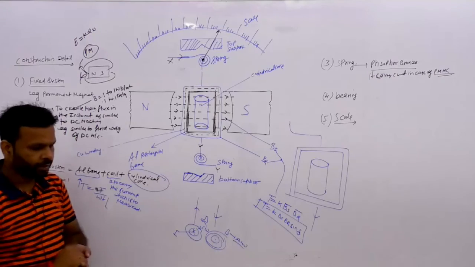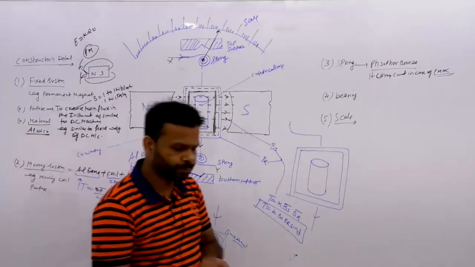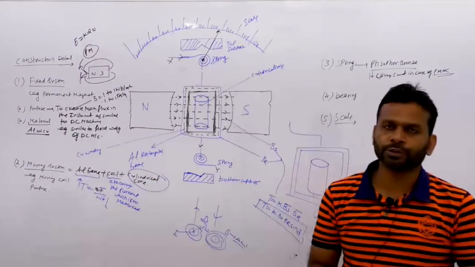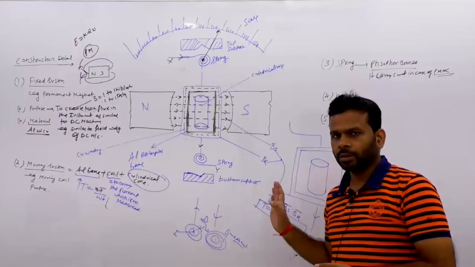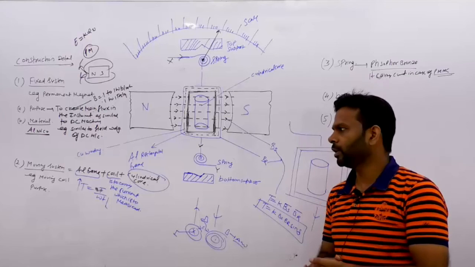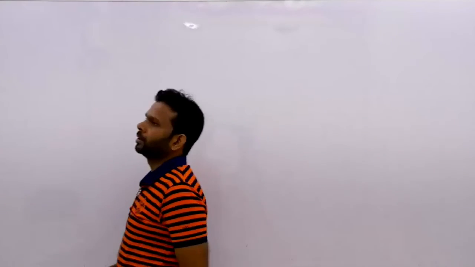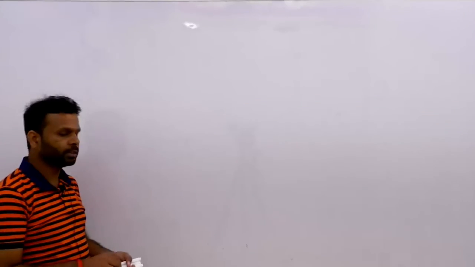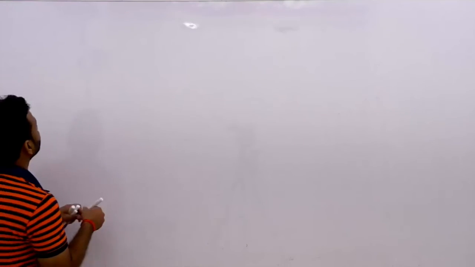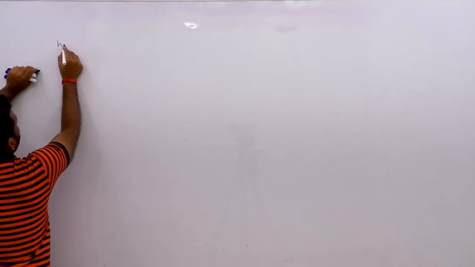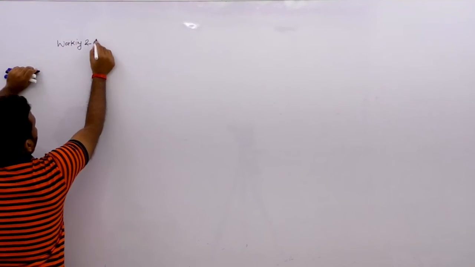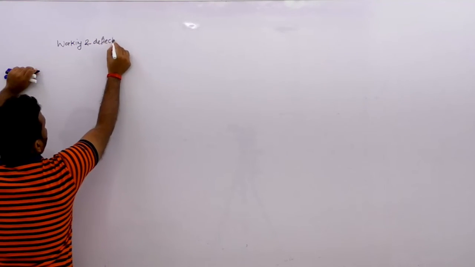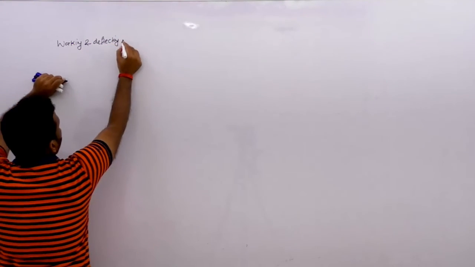Now we will discuss the working and the torque equation of the PMMC instrument. So let's start with the torque and working part of the PMMC instrument. Now let's take the next part of the PMMC instrument, that is working and deflecting torque equation.